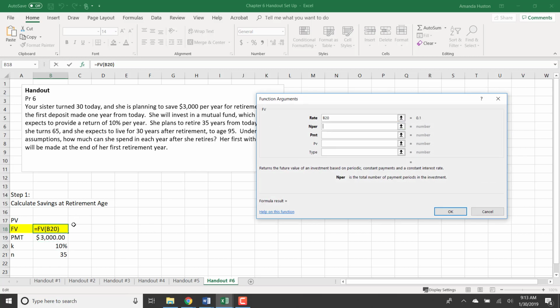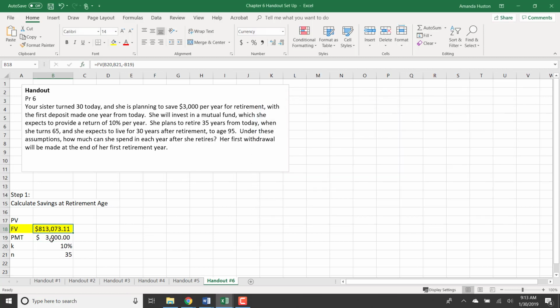My number of periods is 35 years. And my payment is $3,000 per year. Okay. So when she retires, if she saves $3,000 per year from 30 until 65, she will have $813,731.1.